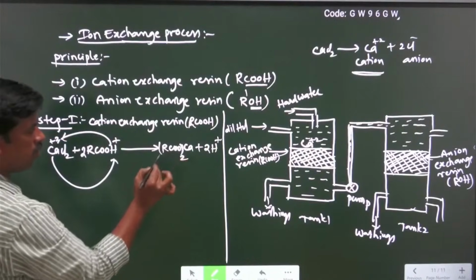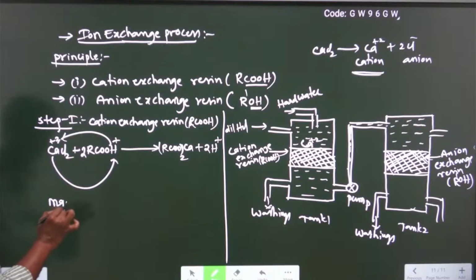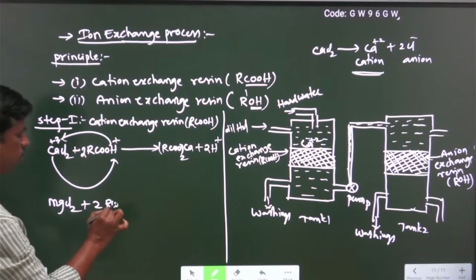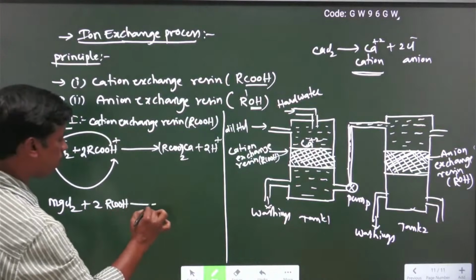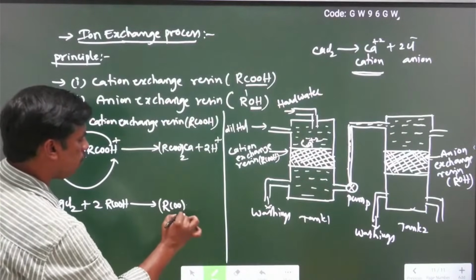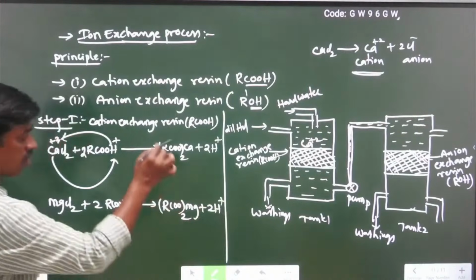RCOO taken twice, Ca plus 2H plus. In a similar manner, one more I am writing. For example, magnesium chloride present here, 2RCOOH combined, gives (RCOO)2Mg plus 2H plus. Like this, the reactions take place.